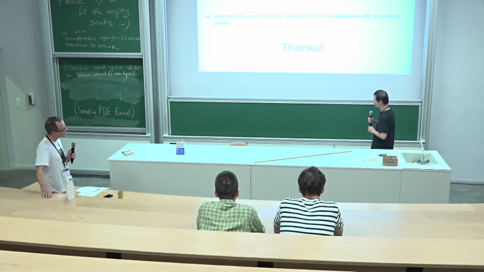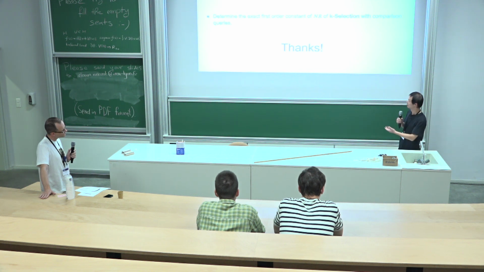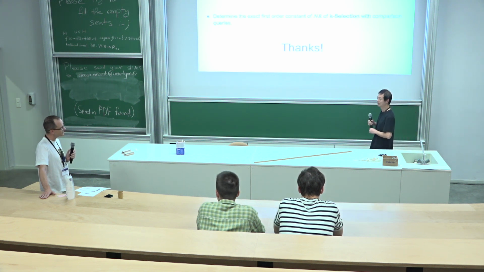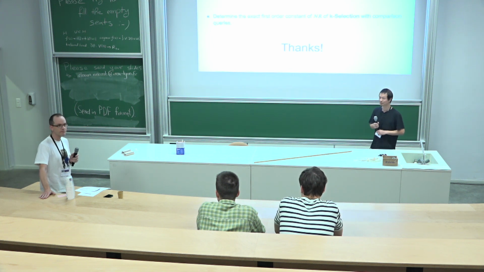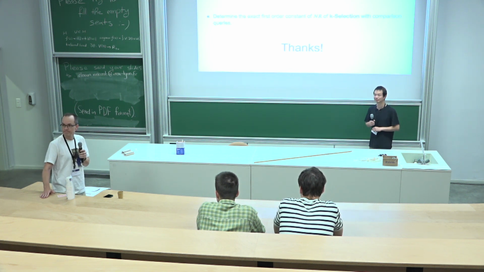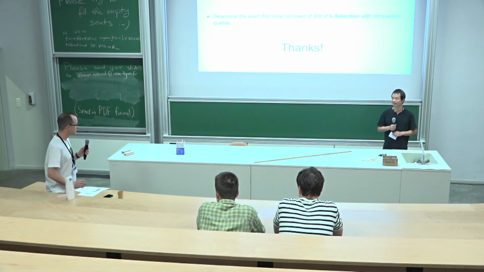Yeah, that's another good question, I think. So one thing is, of course, if this is true, then you can get some lower bounds, but if you want to say it's tight, then you also have to prove upper bounds. Yeah, right. Okay. Any other questions? Okay, let's thank Jin again.